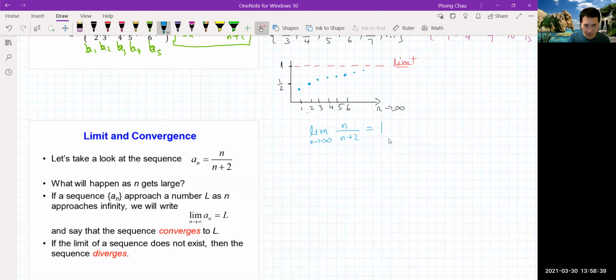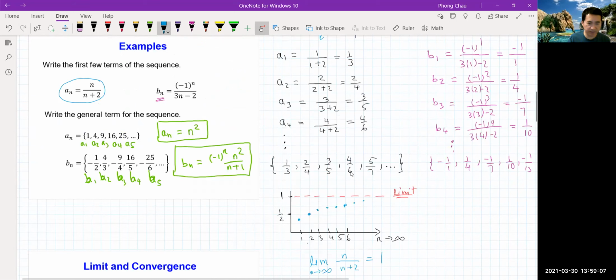And when that happens, we say the sequence a sub n converges to 1. Now there are times that the limit does not exist. The sequence is said to be divergent, or it diverges.